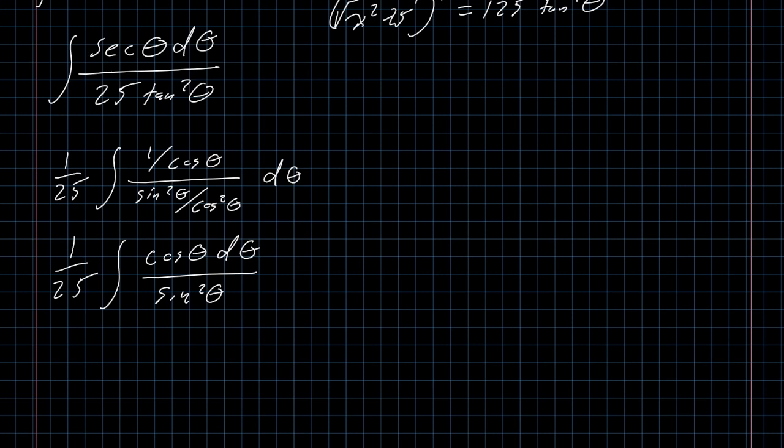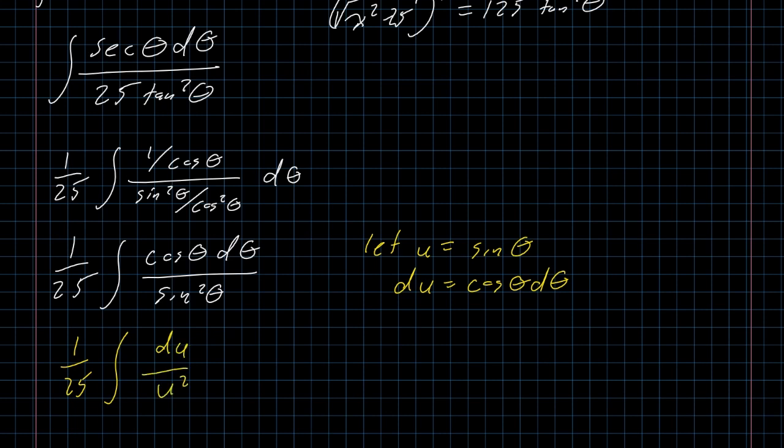This works out really nicely if I let u equal sine theta, then du is cosine theta d theta, and this integral turns into 1 over 25 times the integral of du over u squared.